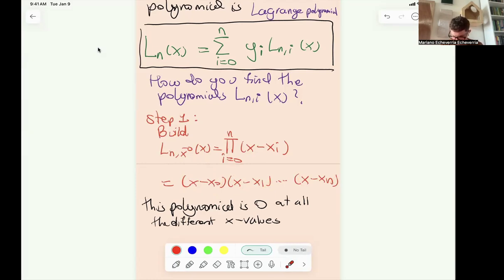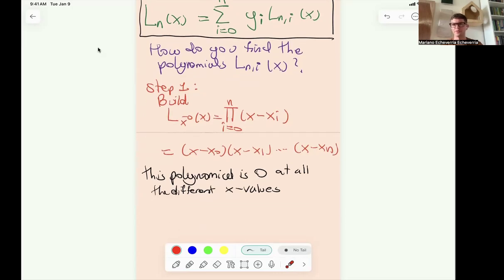Let me just call it L(x) for nicer notation, because it has degree one higher, actually. Once you construct this one, you remove one term at a time, and that will be the one you are after once you rescale it. So the formula for l_i.